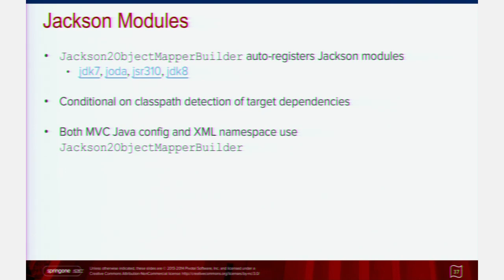If you want to further configure the object mapper, instead of creating it by hand, use this builder, and that means you're starting from the same defaults and then adding further changes on top of that. You can use it with the XML data binding and the JSON data binding. It's the same builder, so it's convenient. You can reuse your customizations for both.